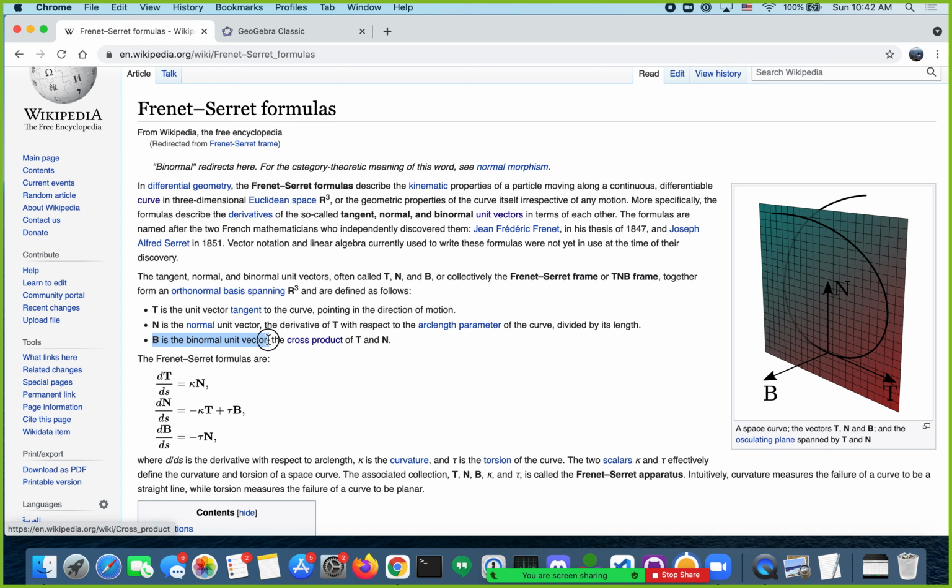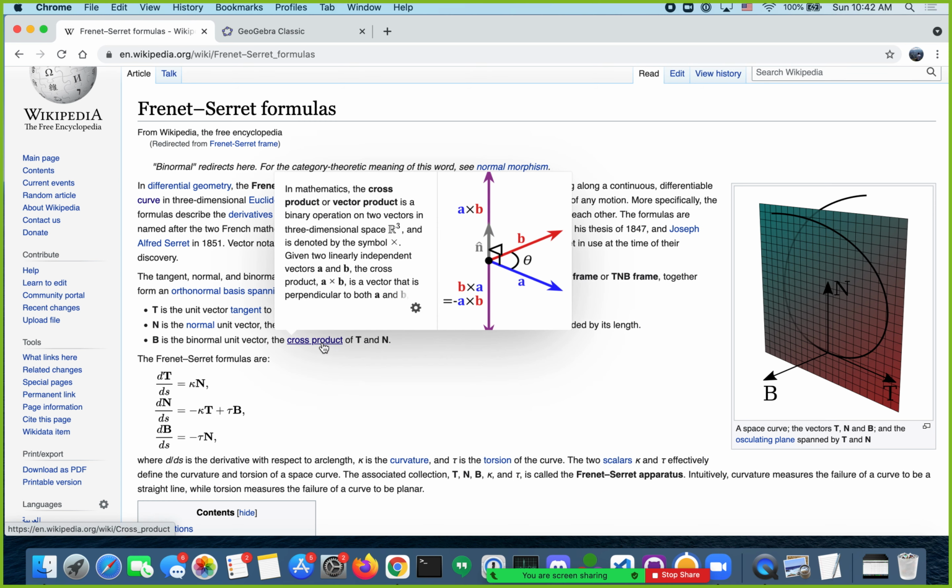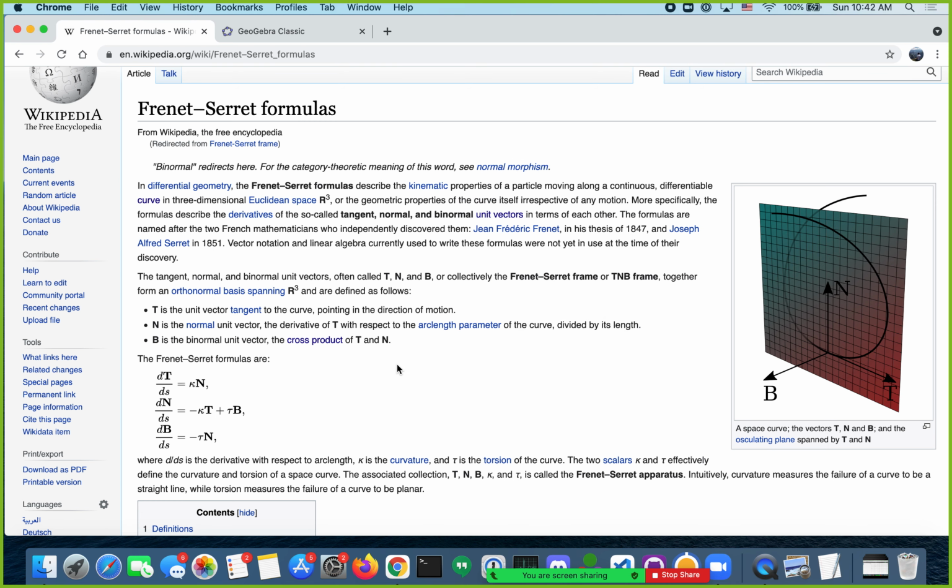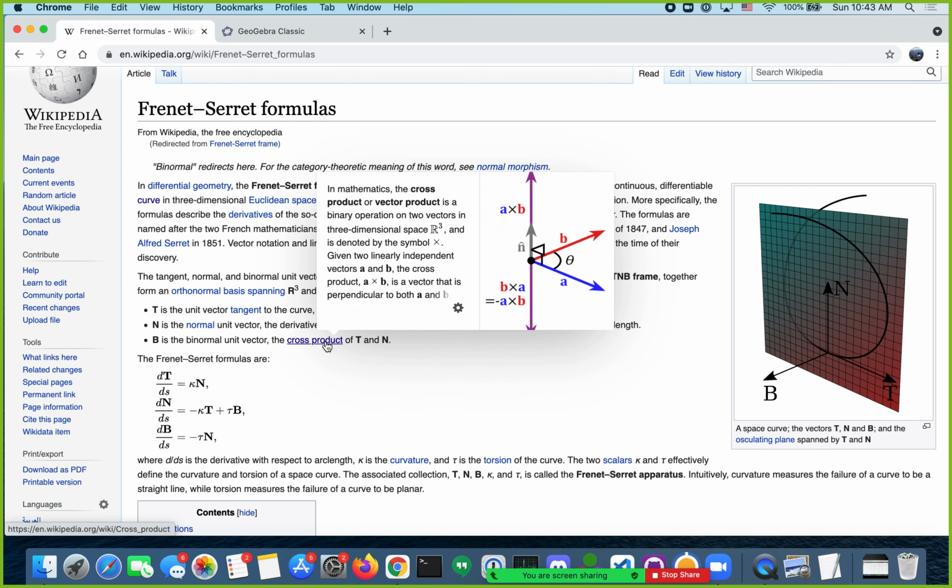But the cross product has nothing to do with this. What matters is you need this third vector to be orthogonal to the other 2 so that you have an orthogonal reference frame, a framework for where you are and what everything else around you is as you're traveling through space. And so the cross product is just a way to achieve a third vector b that's orthogonal to n and t.